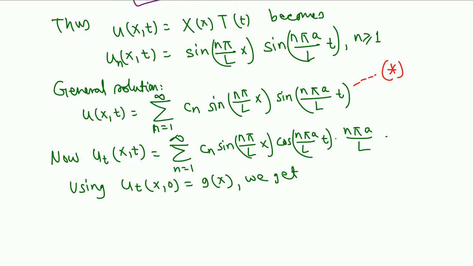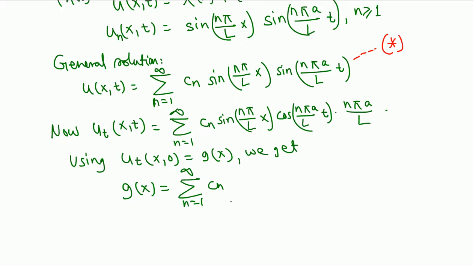When t equals 0, this becomes g(x) equals, we can take this constant outside, or let me put it inside, it doesn't matter, c_n n pi a over L. Now we are replacing t with 0, so cosine 0 will be 1, so just sine of n pi over L x survives.